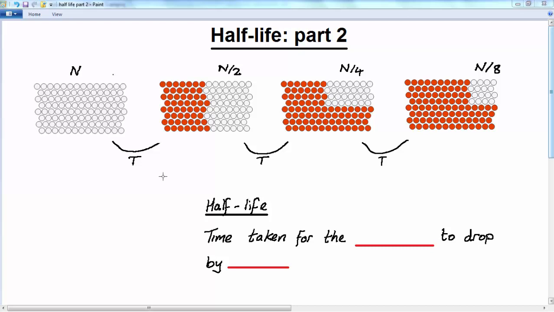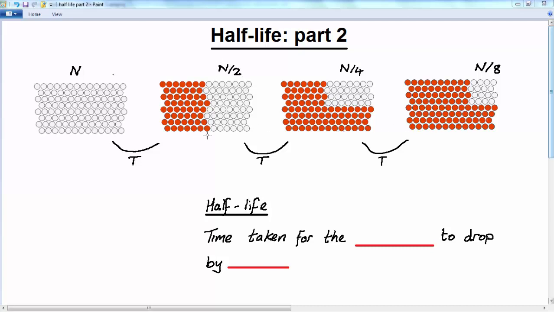And then we symbolically, using this pictogram, represented the decays of the isotopes after time periods of t, that's to say after one half-life, and then after another half-life, and then after another half-life. And we noted that the number of remaining radioactive isotopes dropped by 1/2 after each half-life.